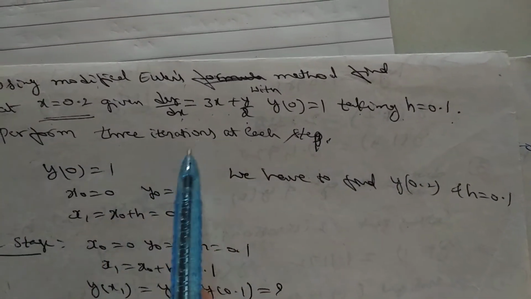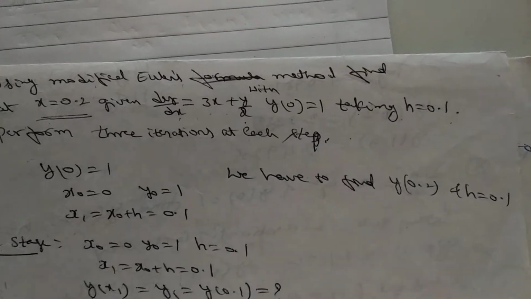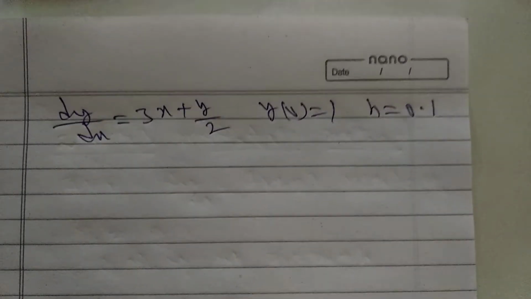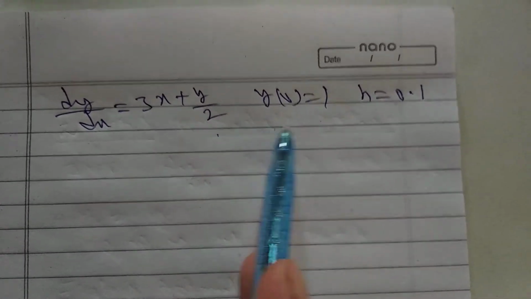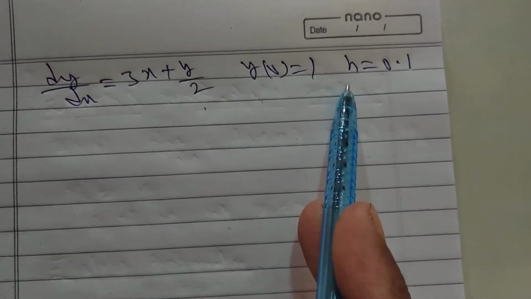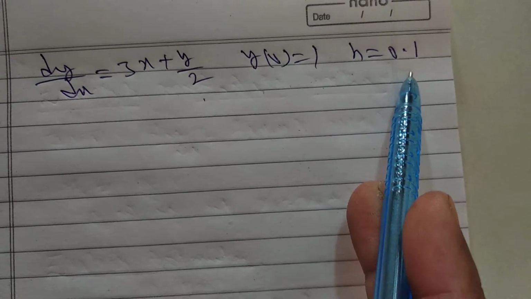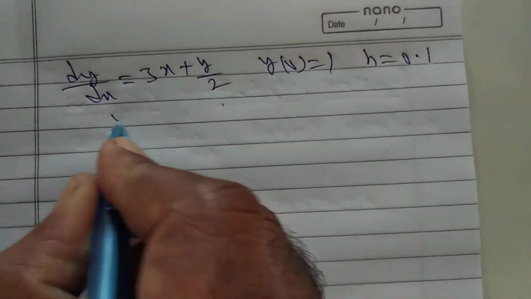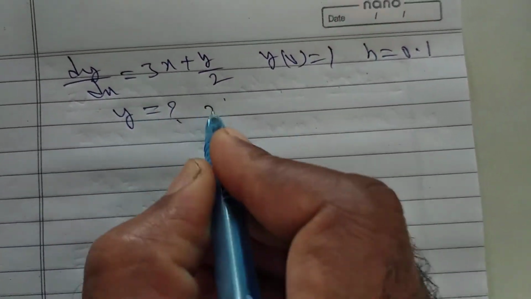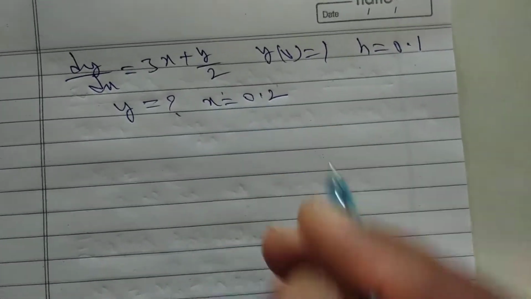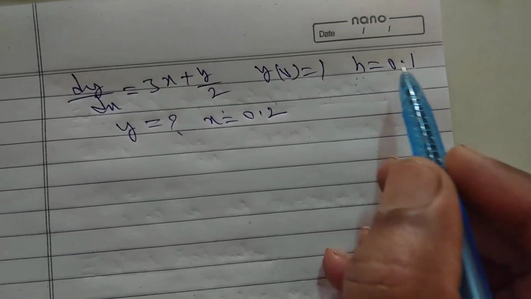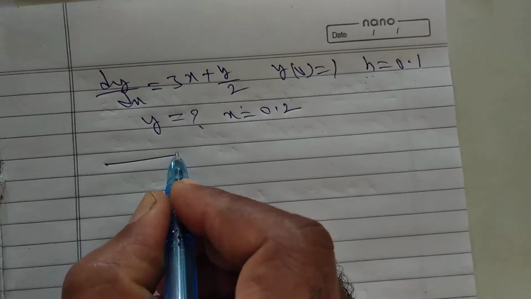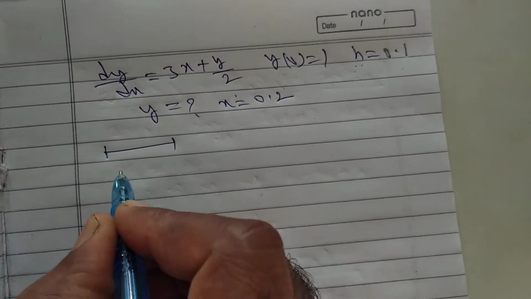Perform 3 iterations at each step. So the given equation is dy by dx is equal to 3x plus y by 2, y of 0 is equal to 1, and h is equal to 0.1. The question is to find the value of y at x is equal to 0.2. Here the step size h is given, so we have to do this problem in 2 stages.